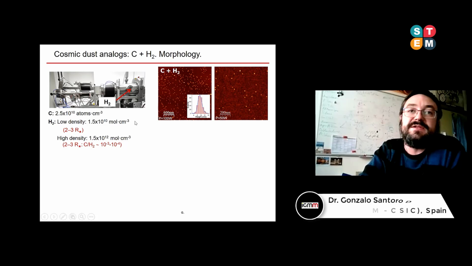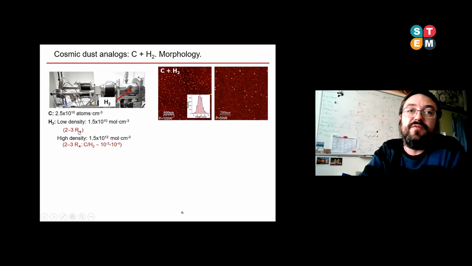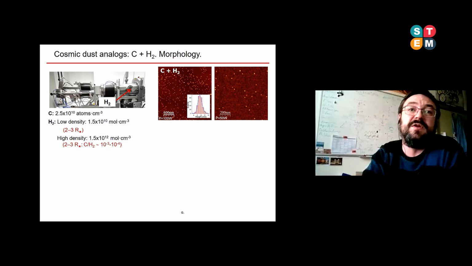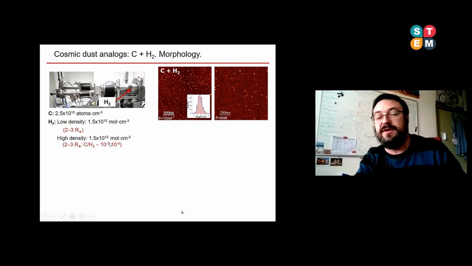And this is the density that is found at 2-3 stellar radii from the star, so it's in the dust nucleation region. But in order to be more realistic in terms of the carbon to hydrogen ratio, we have also used what we call the high density dose, that is more realistic in that hydrogen is much more abundant.